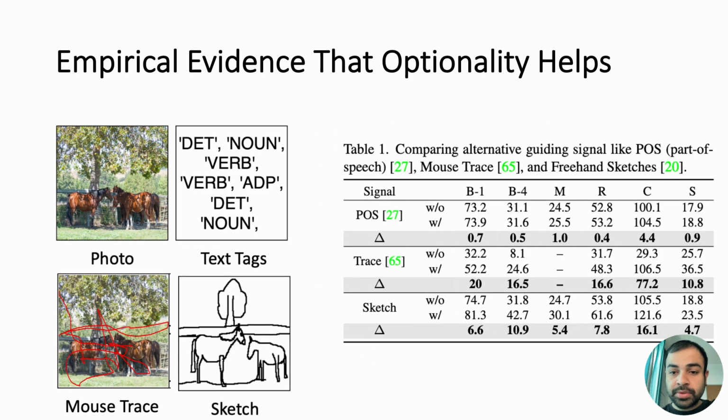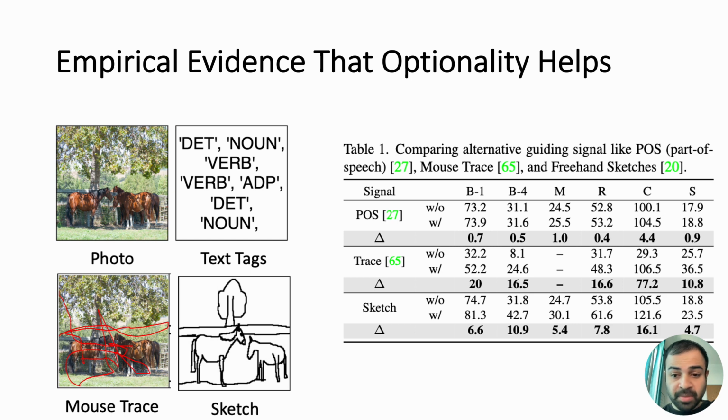The table shows here a more quantitative study of this saliency, that is, using text tags, mouse trace, or sketch as guidance for saliency. We design an image captioning model which in principle should focus on the relevant or salient regions. As expected, text tags provide the least saliency, then mouse trace and sketch are somewhat competitive.